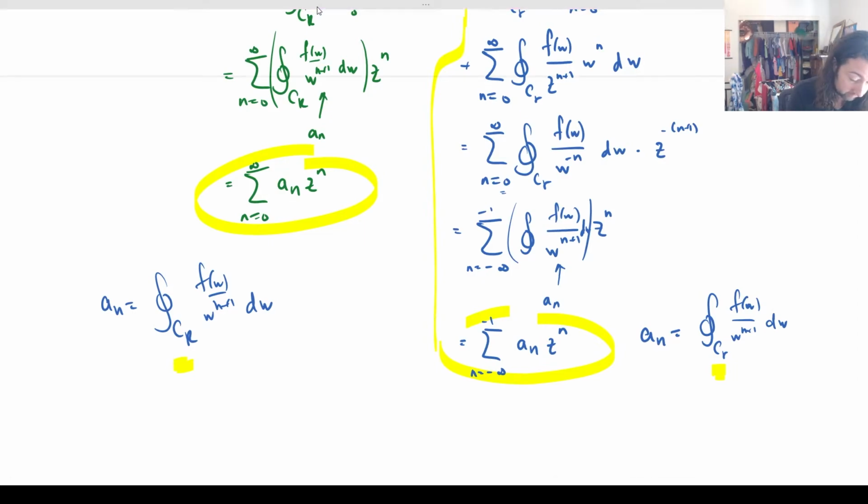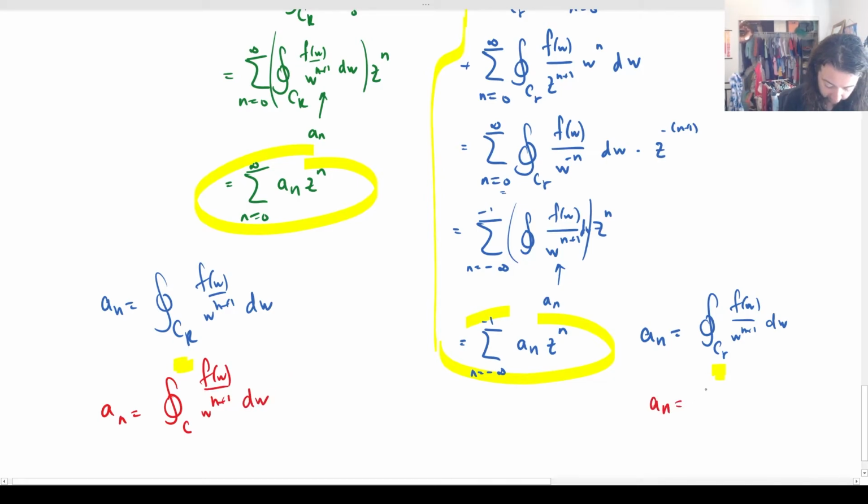So the circle contour theorem says, finally, that this must be equal to the integral over some C of f of w over w to the n plus 1 dw. And likewise, this can be deformed to the same circle.